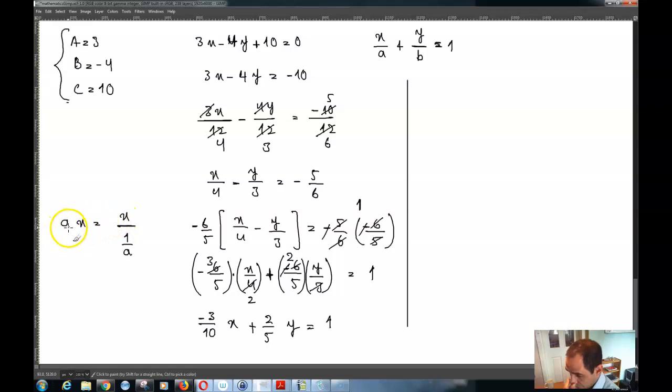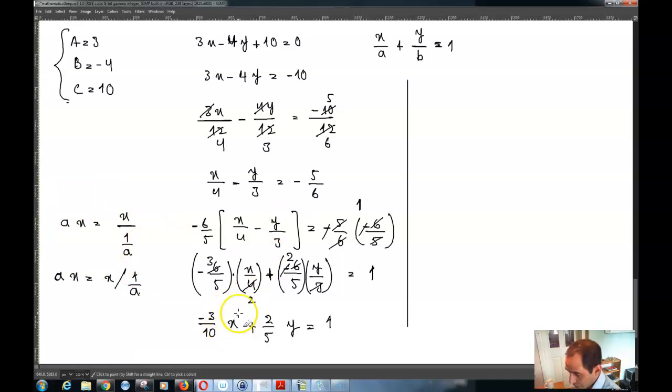Meaning that if you have some coefficient for x, a times x, you can take your x and divide it by the reciprocal of the coefficient, 1 divided by a, which is the same thing that I've written over here.